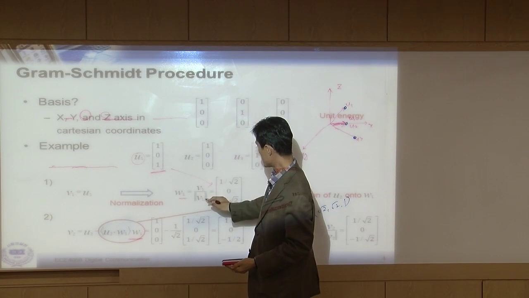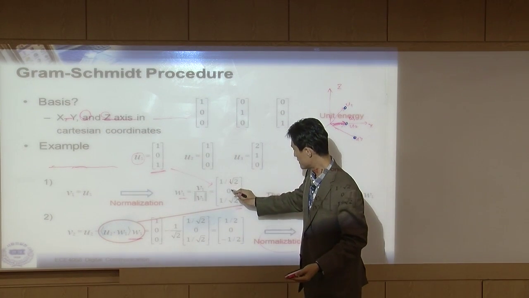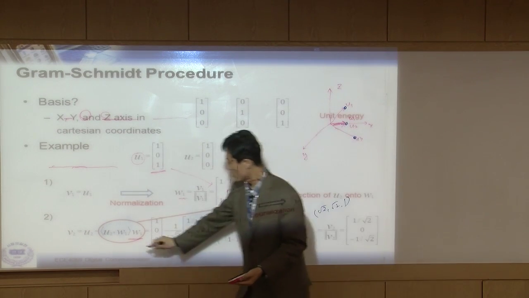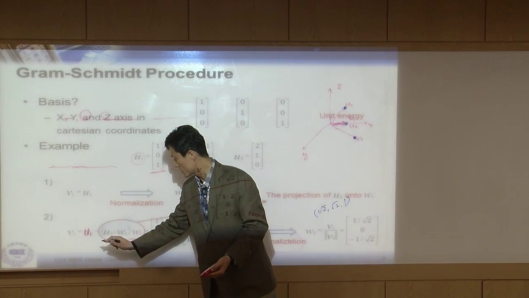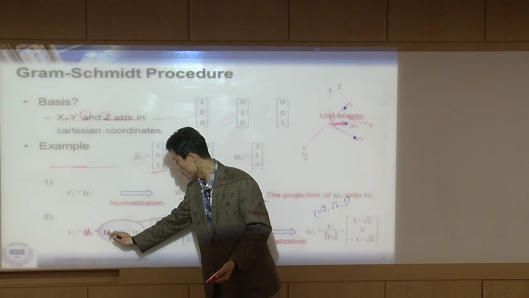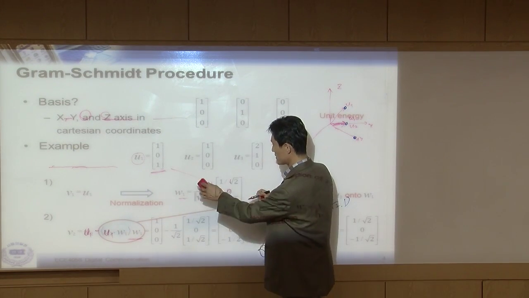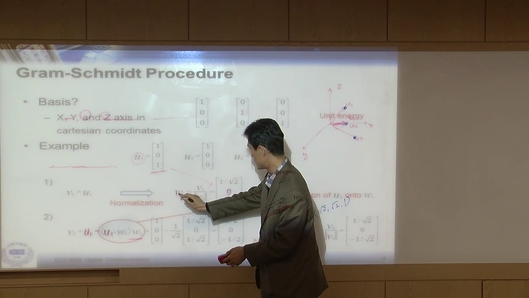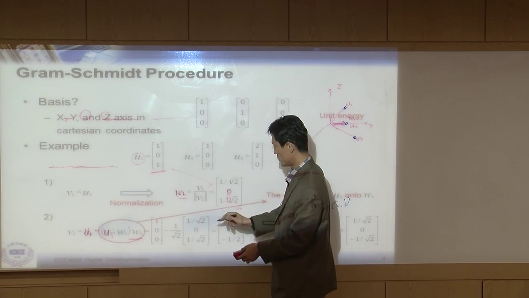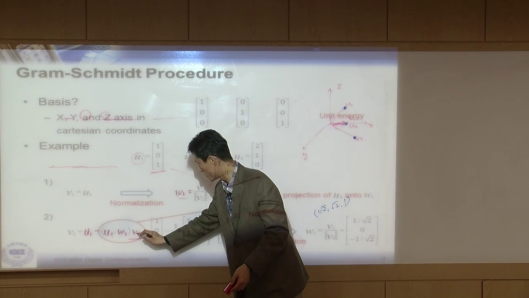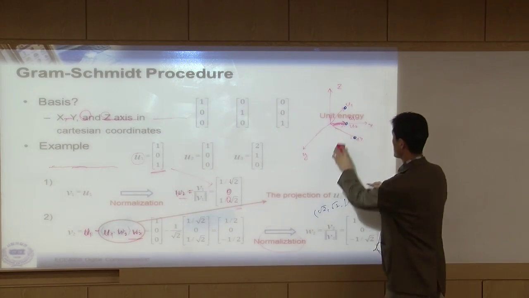Now W1 is going to be 1, 0, 0. From that, we are going to do U1 minus U1 W1 W1, something like that. Let's call this one W2, since we start from U2. Then this is W2, W2. So that's W2.